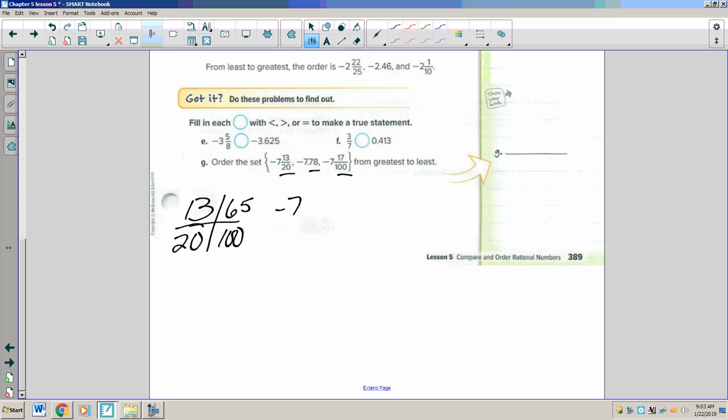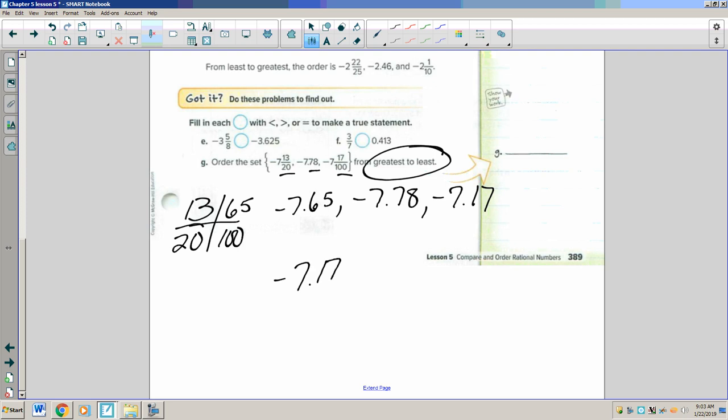Negative 7.65, negative 7.78, negative 7.17. They're all negatives, and we want to do greatest to least. Negative 7.17, negative 7.65, followed by the farthest left would be negative 7 and 78/100.